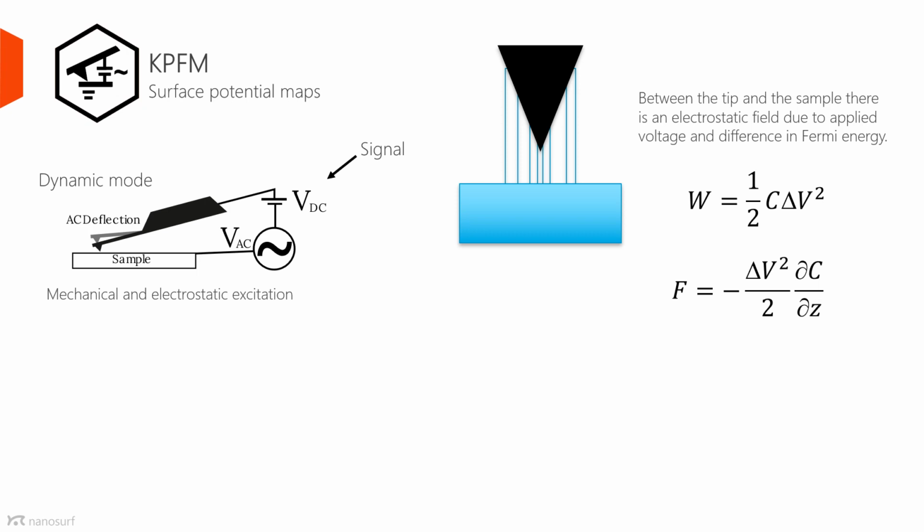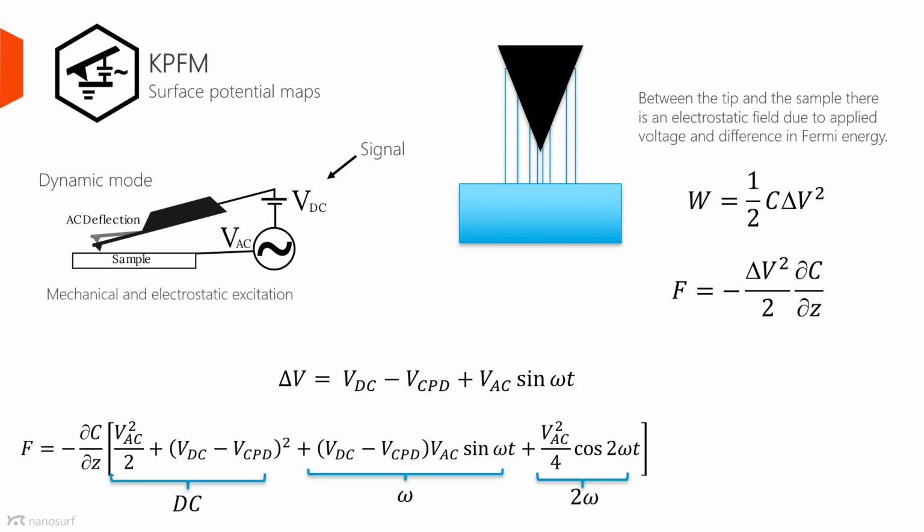So how do you detect this force, or how do you detect this voltage between the tip and the sample? Well, you add an AC signal which combines with the applied DC voltage and the contact potential difference between the tip and the sample. When you put this into the force, it turns out that several different terms appear which are varying at different frequencies.